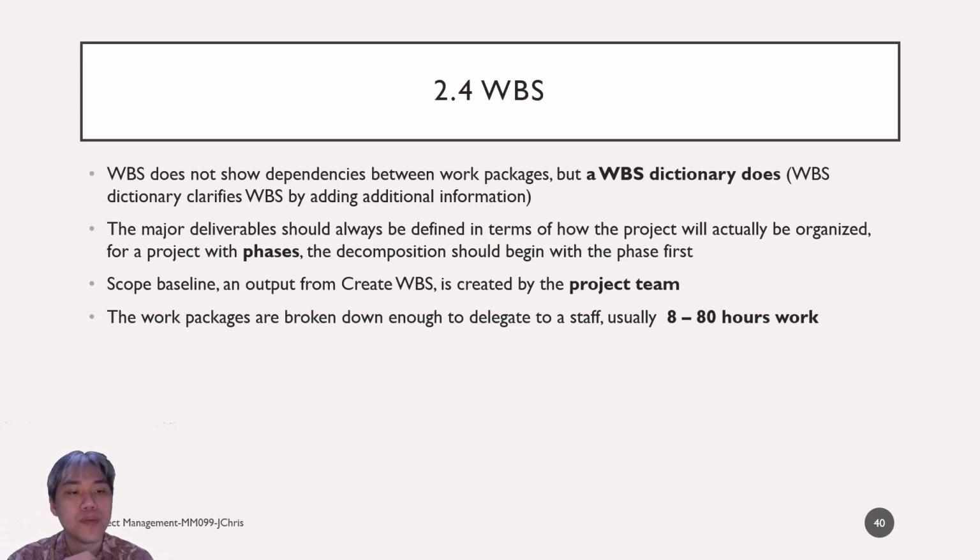The major deliverables should always be defined in terms of how the project will be organized. For a project with phases, the decomposition should begin with the phases first. The scope baseline, an output of the WBS, is created by the project team. And a work package is usually broken down so it can be delegated to a staff member for 8 to 80 hours of work.